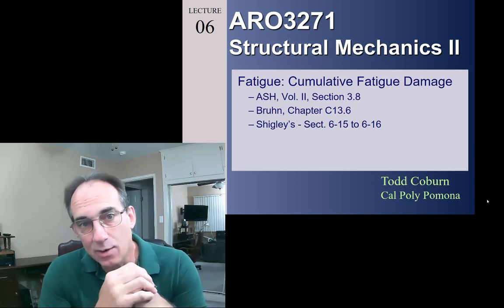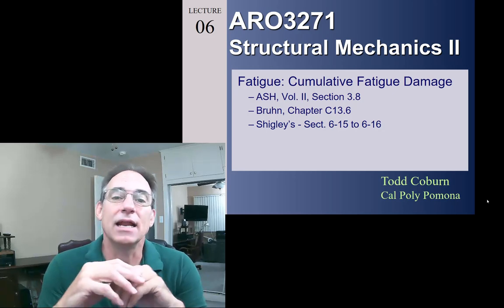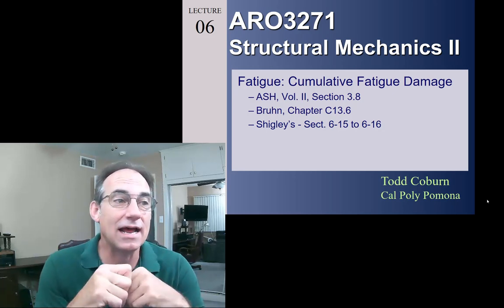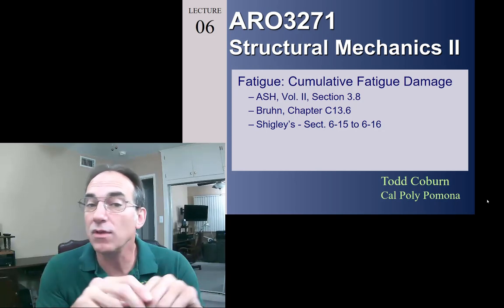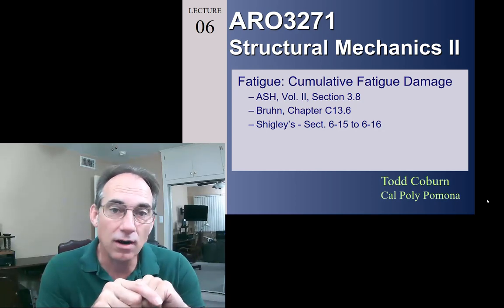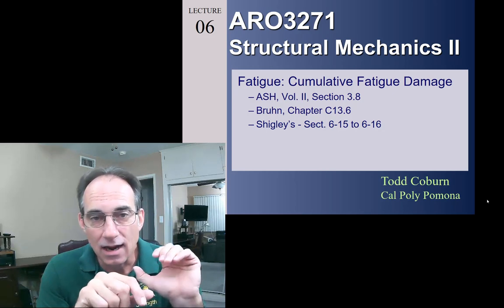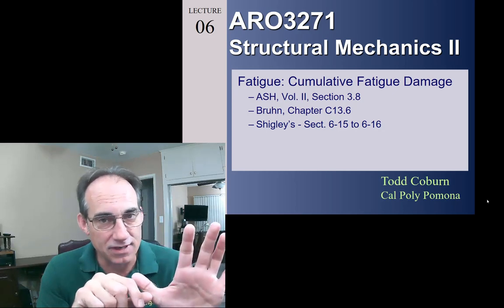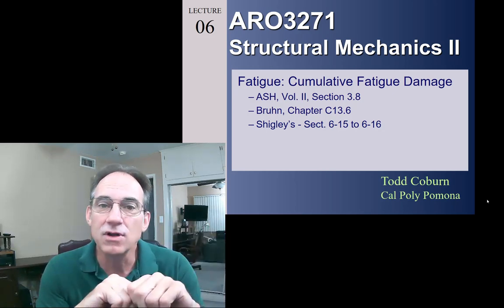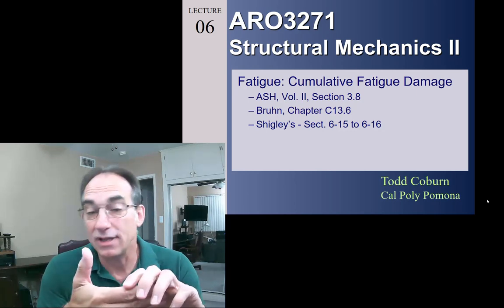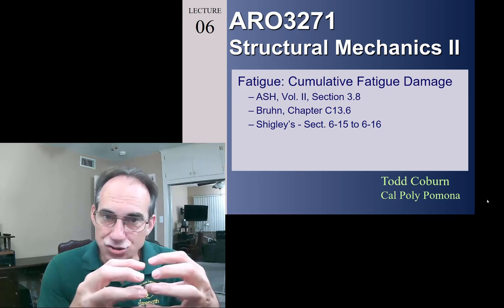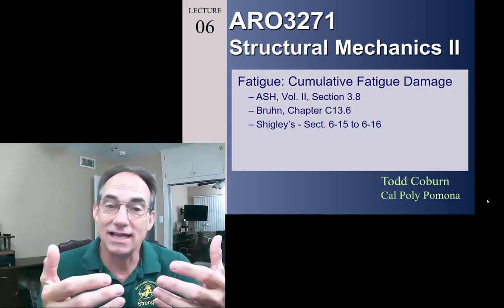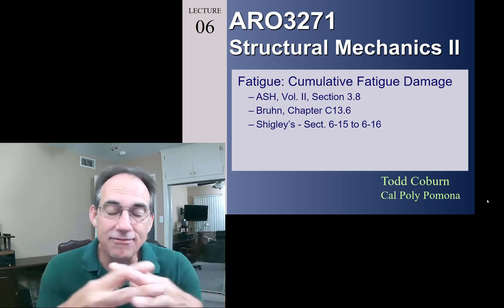Today we're going to be continuing our study into fatigue, and we're going to look specifically at cumulative fatigue damage and how we put together all the things we've learned so far. We're going to learn how to take our initial characterization of the fatigue curve, the SN curve. We already know how to calculate a more accurate endurance limit and to change it into something that simulates our sample in real life.